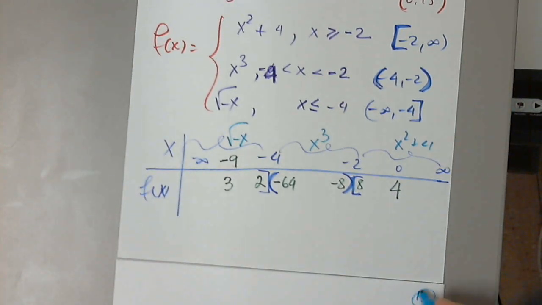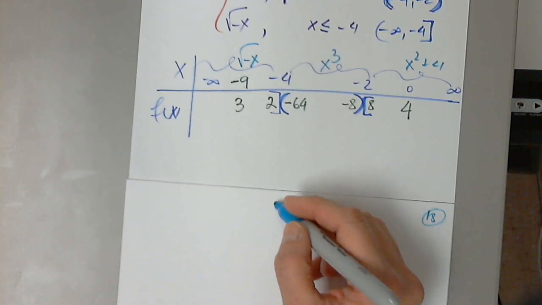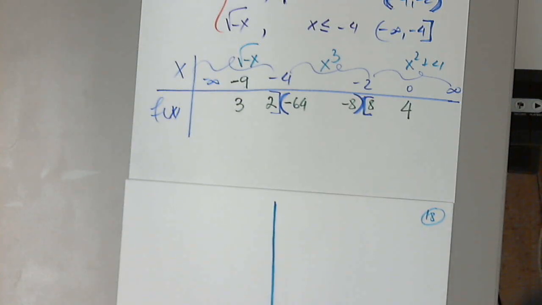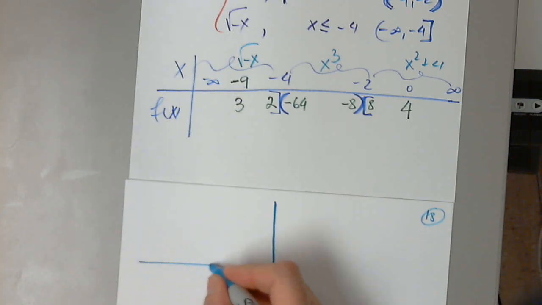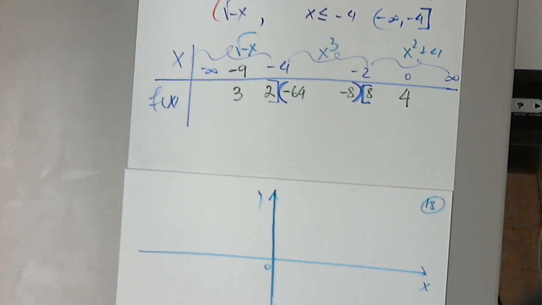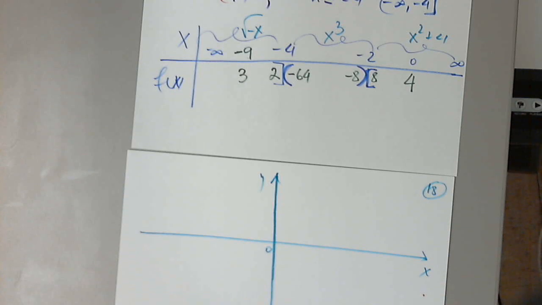Okay, so I have to go as low as negative 64. I have to plot negative 9, so let me see for a second what scale I should use. And be careful with the scale. You should always think before you start graphing.